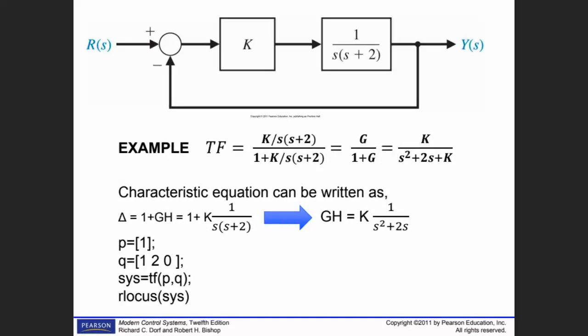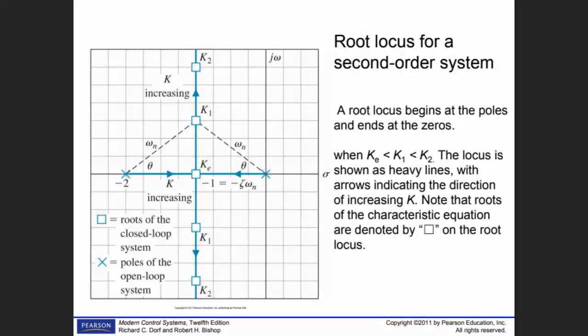Your journey is starting from the poles. The trajectory is starting its route from the poles. What are the poles here? One of them is equal 0. The other one is s equal minus 2. So your journey is actually starting from that point and this point.